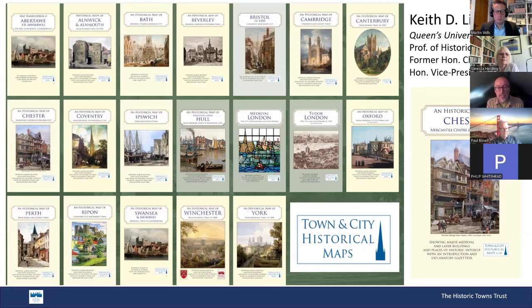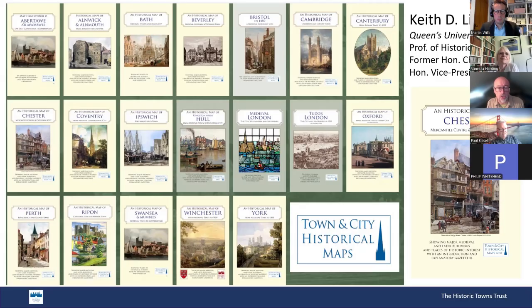But we're here to celebrate and mark the publication of Chester, which is, for me personally, a really great thing to see happen. I've got a long association with Chester, going back over a few years now, having started research on the city.